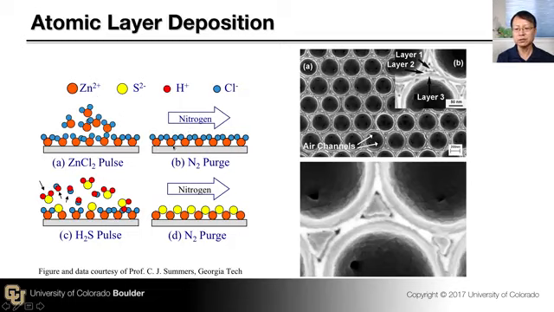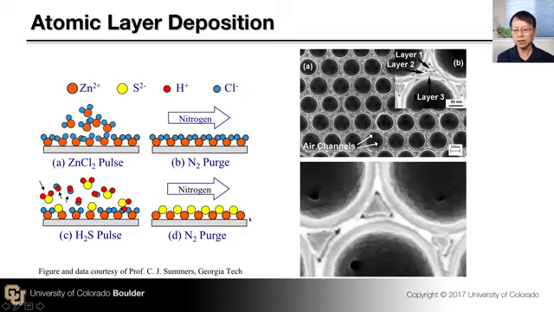So once they form one atomic layer, then the reaction stops, and you can then purge any excess molecules that you may have, and then you send in the next precursor, which is in this case hydrogen sulfide, and the hydrogen sulfide then reacts with the zinc chloride that was formed on the surface, and it leaves a zinc and sulfur compound only.